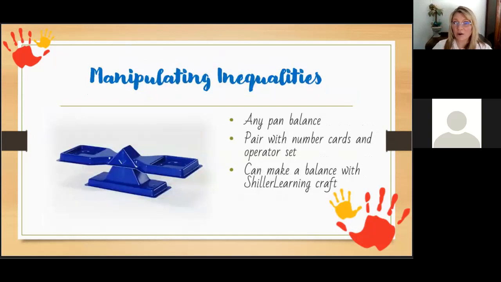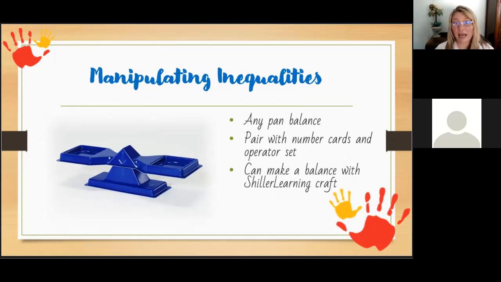Okay, so we can also manipulate inequalities. We don't just have to see those with numbers on paper. You can use any pan balance. We do include a pan balance with our Math Kit 1, but don't get rid of it when you are finished with Math Kit 1.